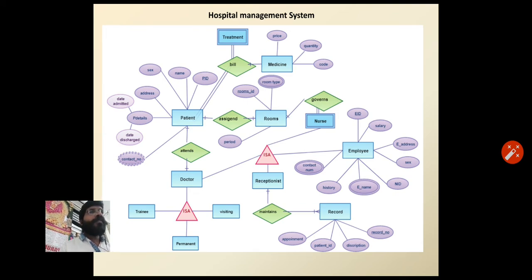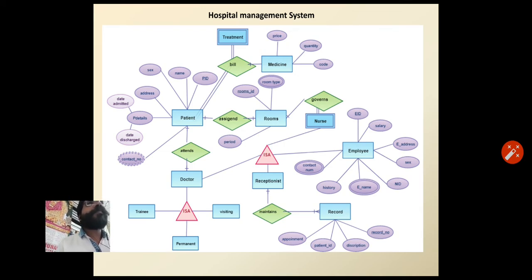Record room means record number, patient ID and other things. Employees have attributes: employee ID, employee salary, employee address, employee sex, employee history, contact number. So this is the complete hospital management system ER model.